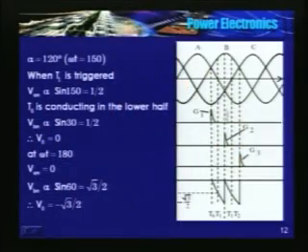Instantaneously this voltage becomes 0 at this point, because AN is 210, CN is 330, so both are minus half. So minus half plus half, it is 0.